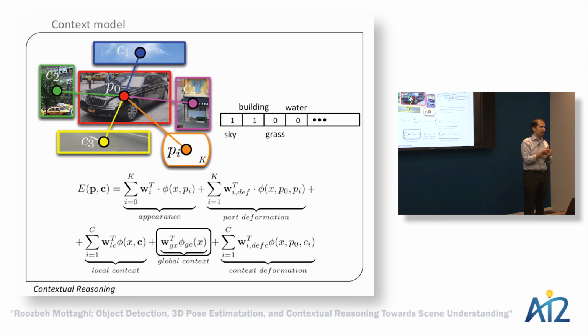So maybe the percentage might not be too important. Just the presence or absence might capture what you need. For example, if I see 50% of sky or 80% of sky, it might not be very different in terms of global context. So the binary feature might be better to represent that.